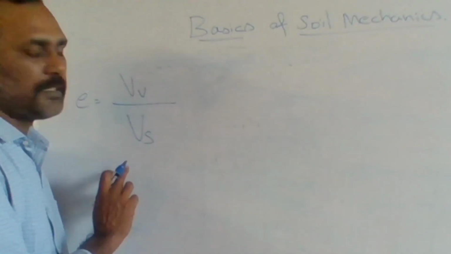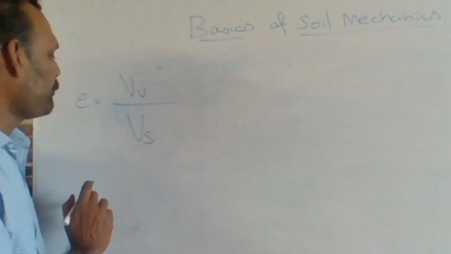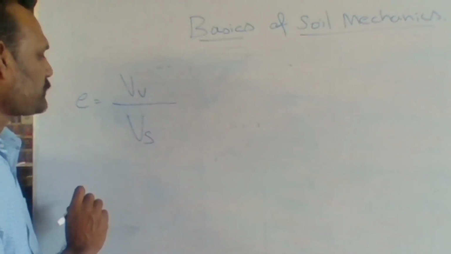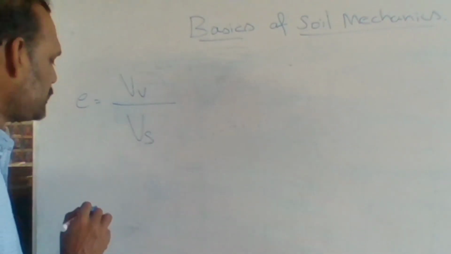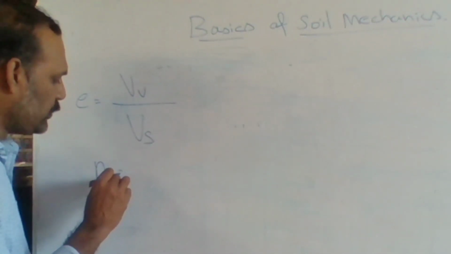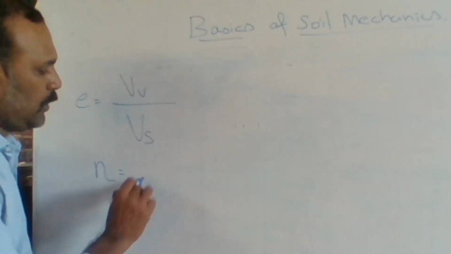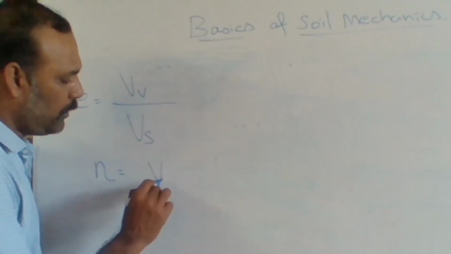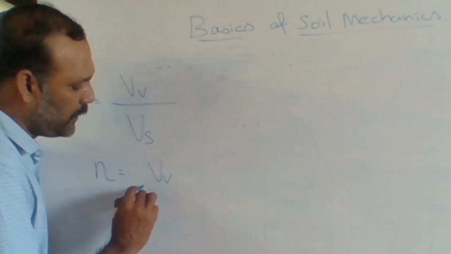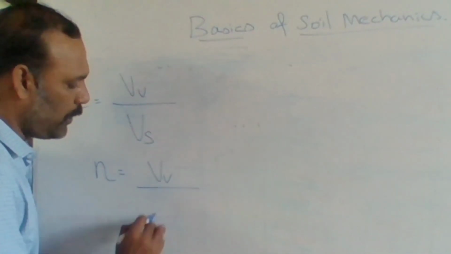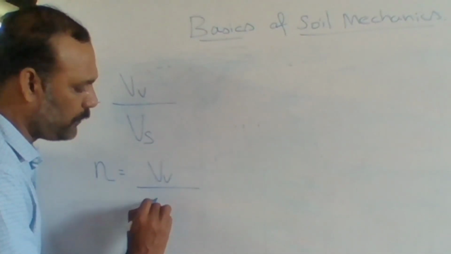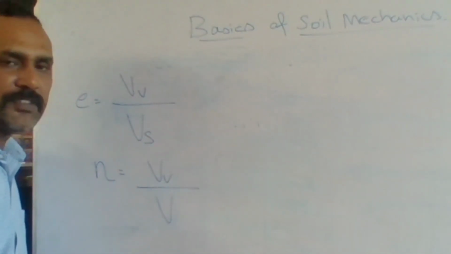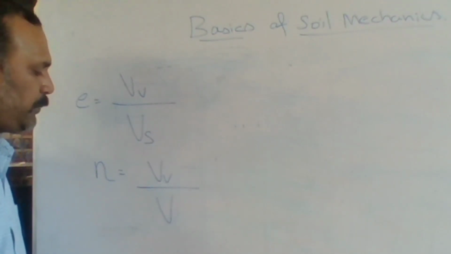Now coming to the porosity. Porosity, n, is equal to the volume of voids divided by the total volume. We generally call it porosity.